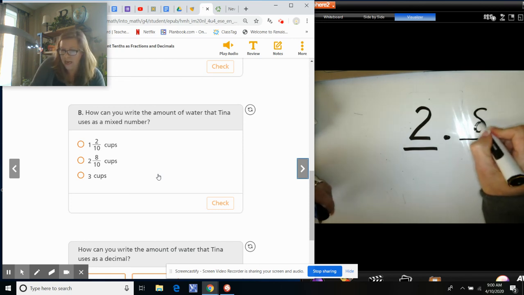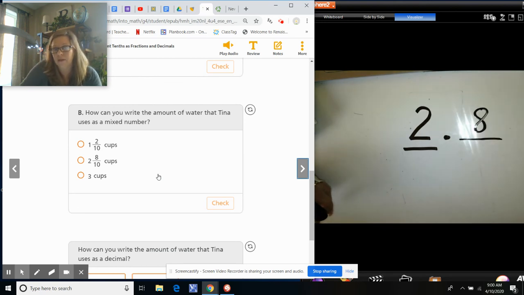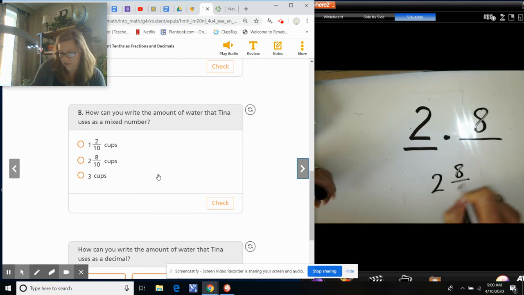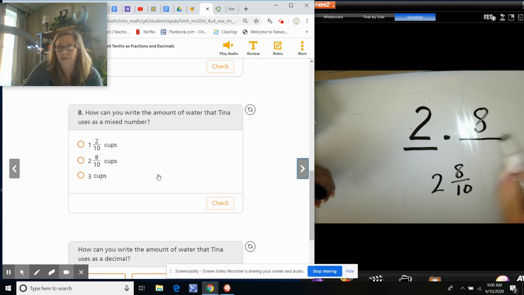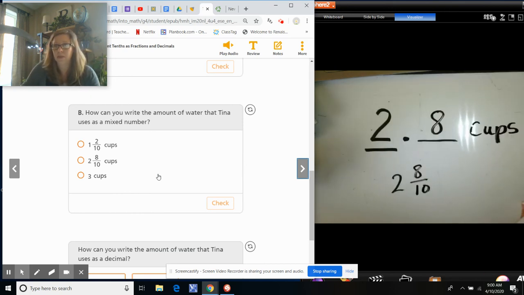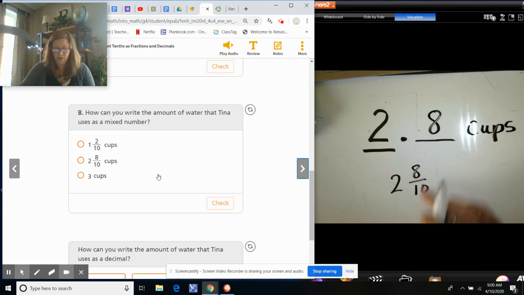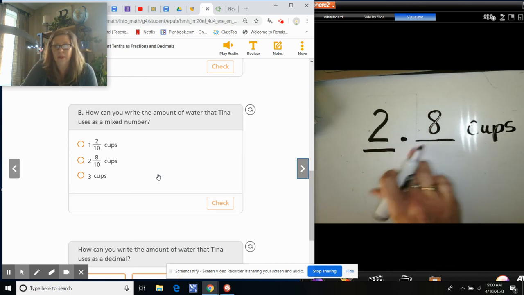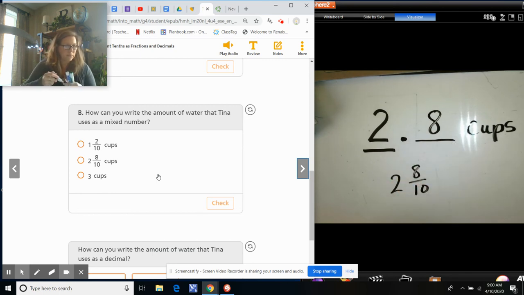There were 8 out of the 10 colored in. So our answer as a fraction would be 2 and 8/10. And as a decimal, it's going to be written as 2.8 cups. Can you see that? As a fraction, it's 2 with an 8 over 10. And with a decimal, it's 2.8 cups.